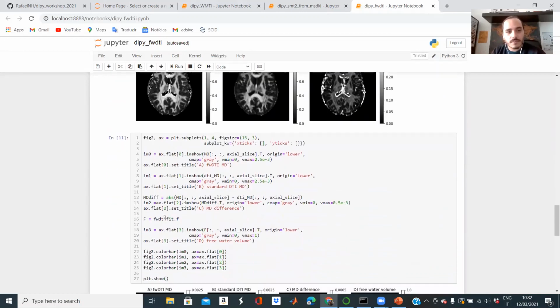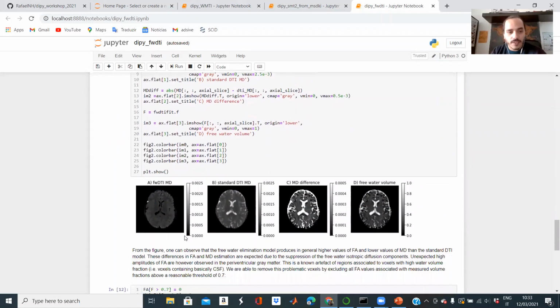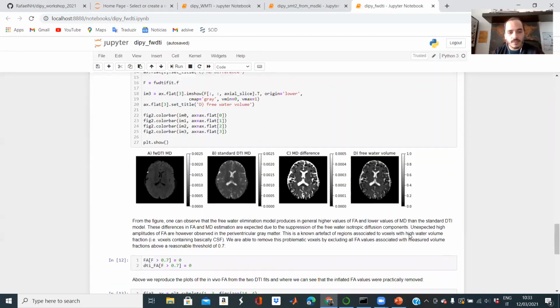Okay. And yeah, this is the same for the mean diffusivities. So here you suppress the mean diffusivities of the free water. And here is the map of the free water estimates, okay? The volume fraction of the free water.